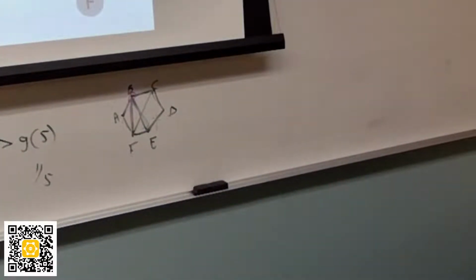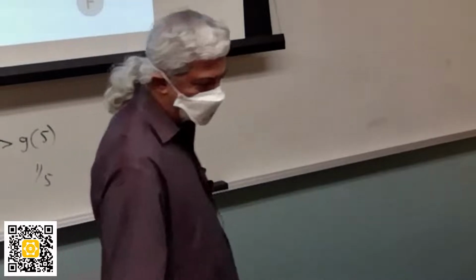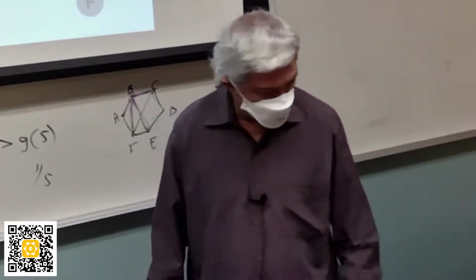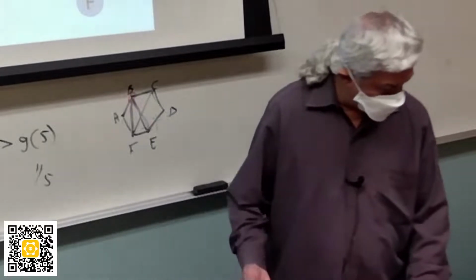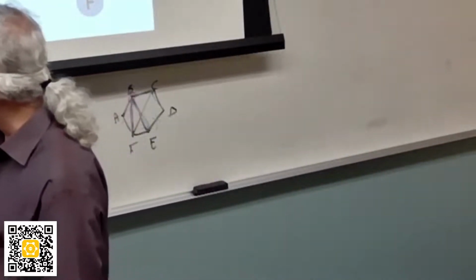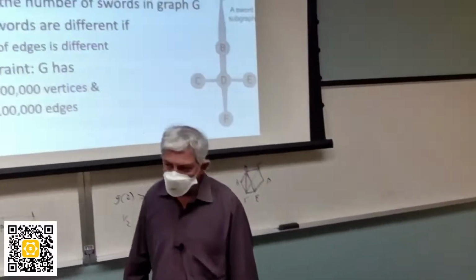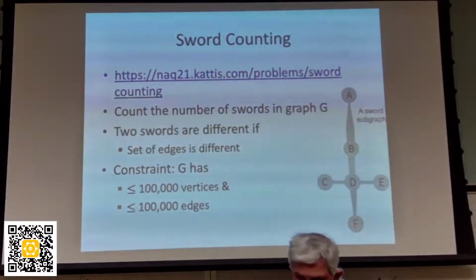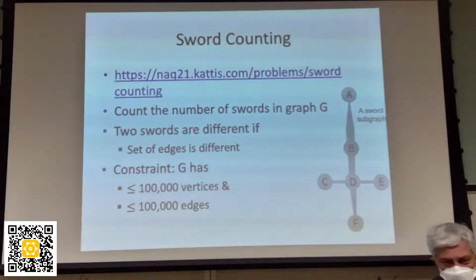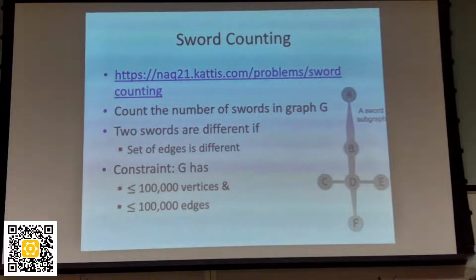Real pain in the butt. If you're not careful, things can get very hairy with a 100,000 vertex graph, and you're supposed to count these things. Fortunately, there's another thing that's going to save you, and that is it says that there are at most 100,000 edges. And you'll see later why this is going to save you.